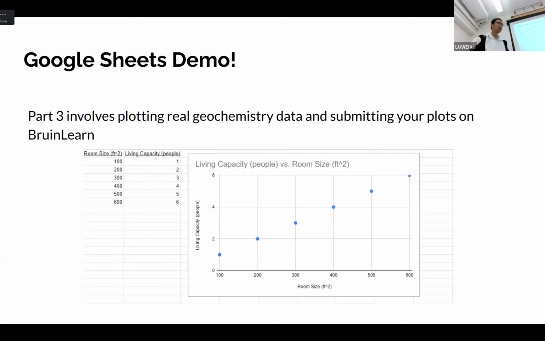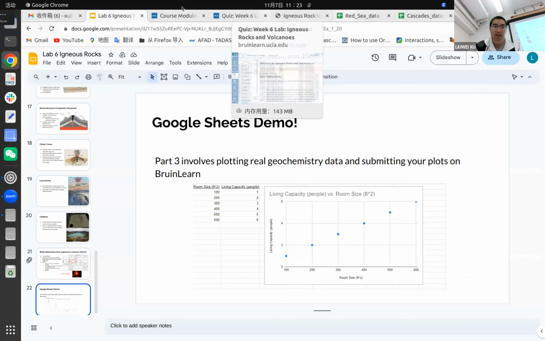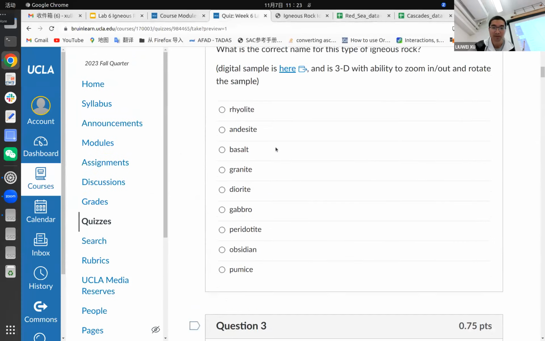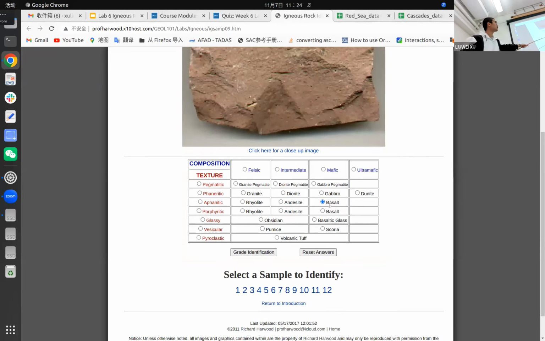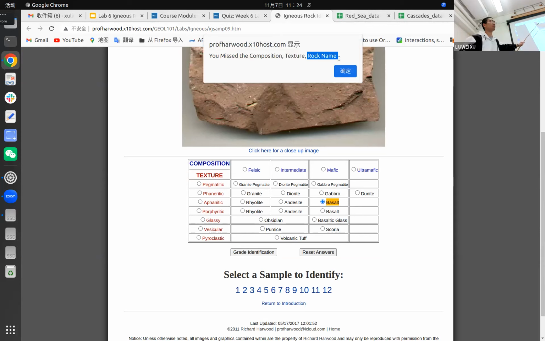Okay, for questions 1 to 9, you need to match the sample index with their name. Again, we have diamonds here on the front table. Similarly, we can do some name tests. If you want to know the name of this rock, for example, I choose basalt. This is just randomly chosen. I can grade, and it tells me the rock name is wrong.